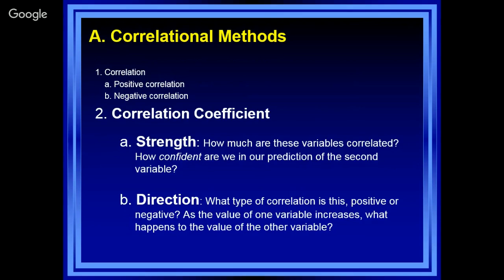If we're very confident, we do a great job predicting, we say that we have a strong correlation. If we're not that confident, if we don't do a great job predicting, if we're guessing, we say we have a weak correlation. If we have no ability to predict at all, and we're just guessing, we say we have no correlation.